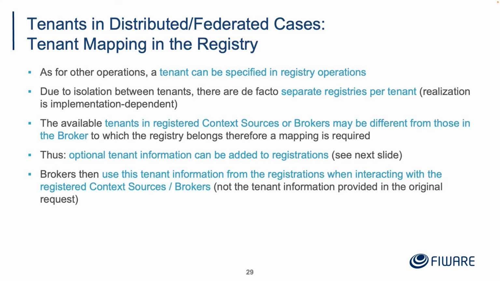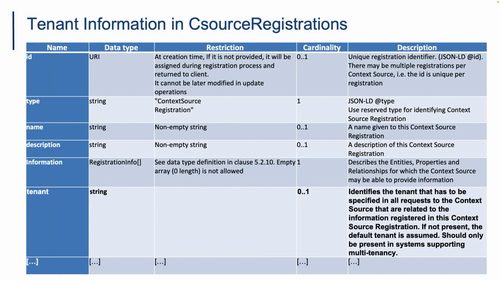I said next slide, I put that earlier, and you can get this interaction as necessary. So you can change the name of the tenant, and you can change where you're actually retrieving the data from. Tenant information is a string which can be found in the CSource registrations object, and you can see it identifies which specific source I'm getting information from.